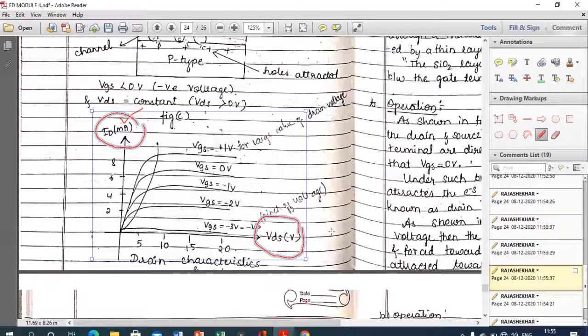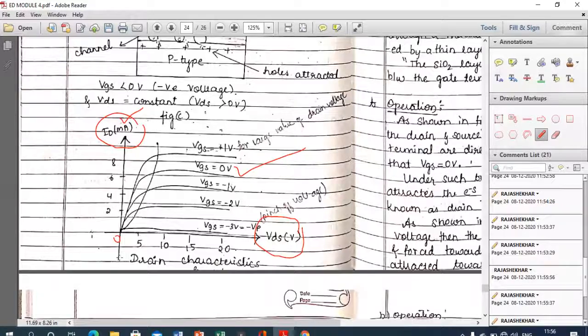So now what happens here? When I increase VDS from 0 to a particular voltage, first I will keep VGS equal to 0 volts, which is shown here.